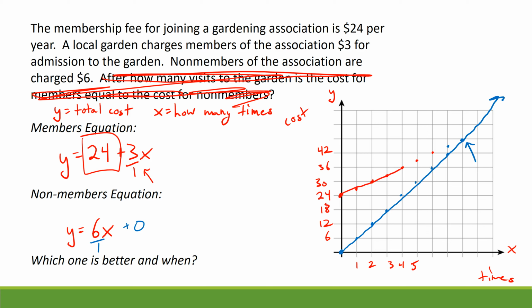We notice that the red line starts out higher, right? Because that means members are paying more to start. But notice their line is going up by less because each time they enter the garden, they're only paying $3. The blue line starts out less because they're not paying an initial fee, but their line goes up by more.